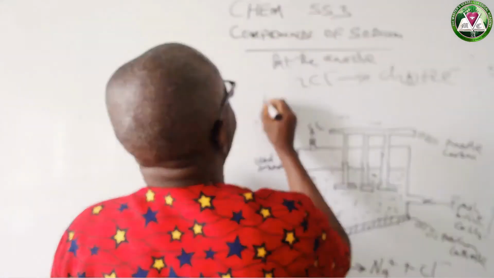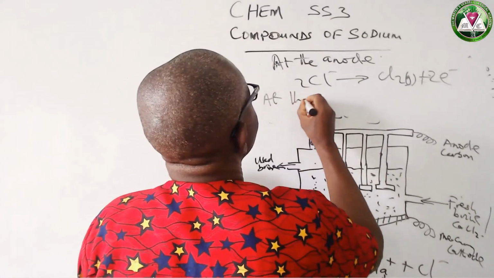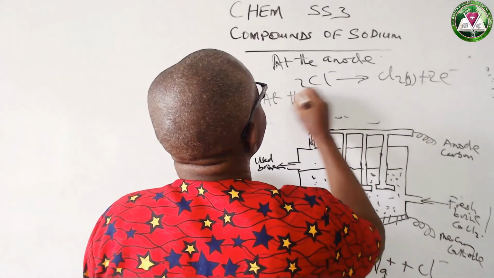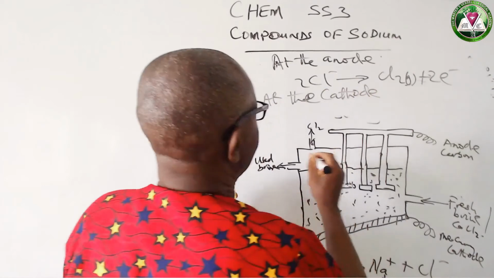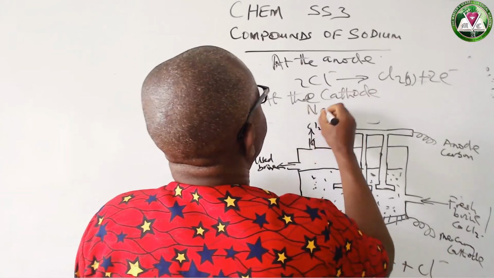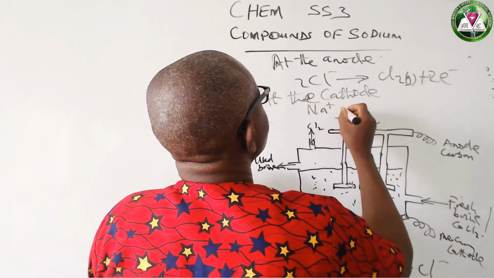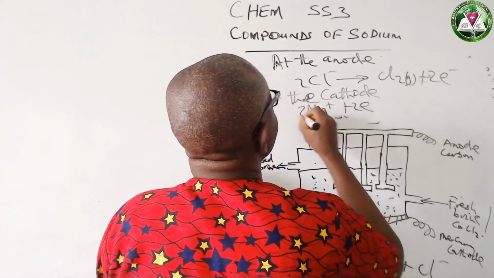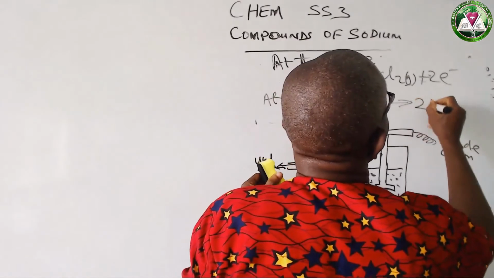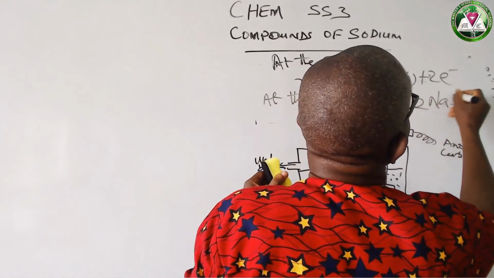Then at the cathode, you now have Na plus electron, 2 electrons to give you 2 moles of sodium metal.